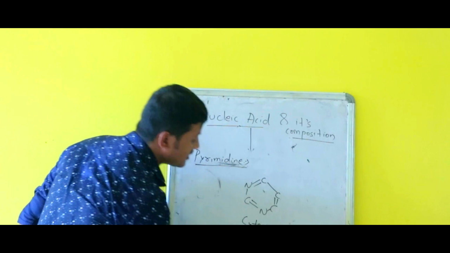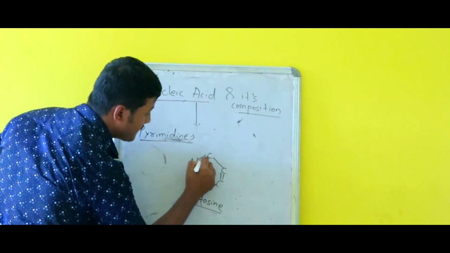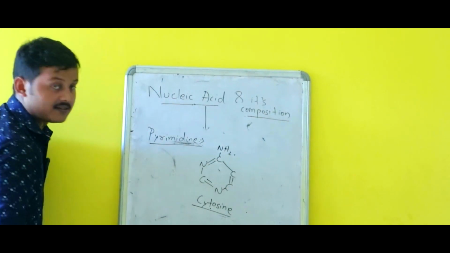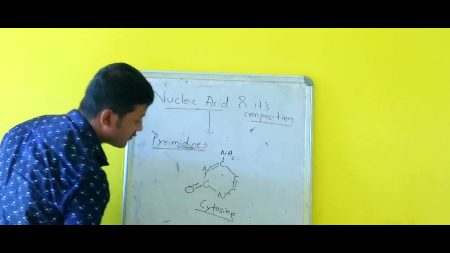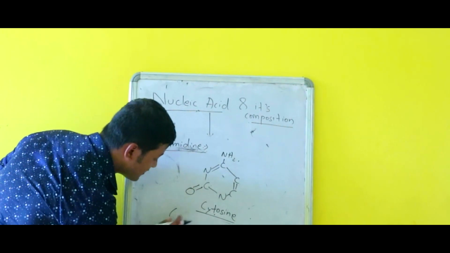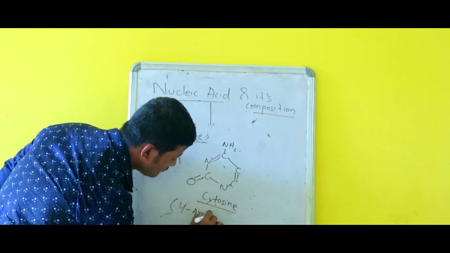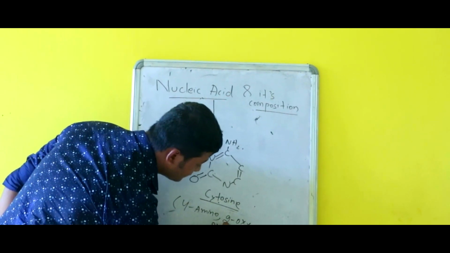In cytosine, an amino group is present at the C4 position, and a carbonyl group is present at the C2 position. That's why it is called 4-amino-2-oxypyrimidine.